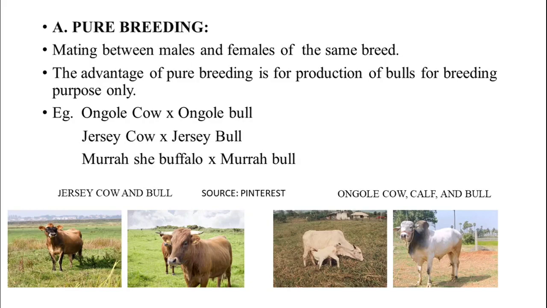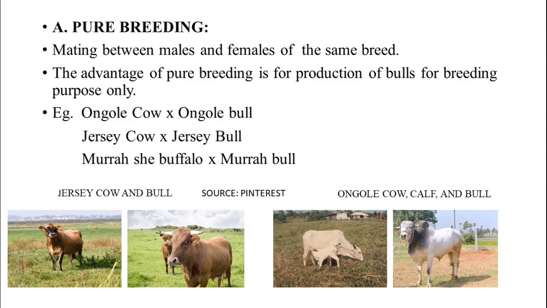For example, I will give 3 examples here. The Ongole breed: the Ongole cow breeds with an Ongole bull, so that after generations of mating, we will get a pure Ongole bull breed.